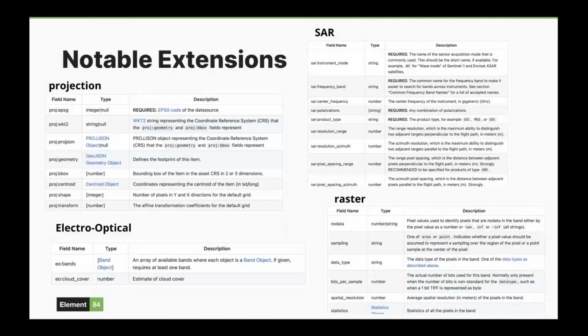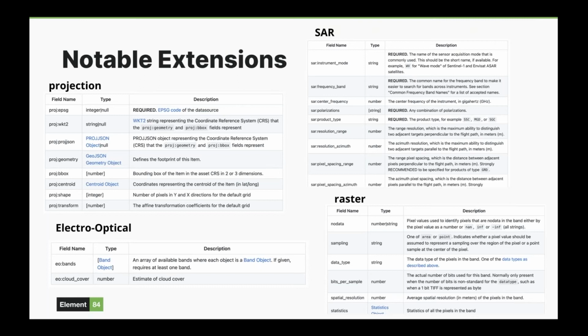There are a few notable extensions here that over time have started to be used a lot more commonly. So the projection extension and the raster extension don't fall under the normal discoverability extensions.